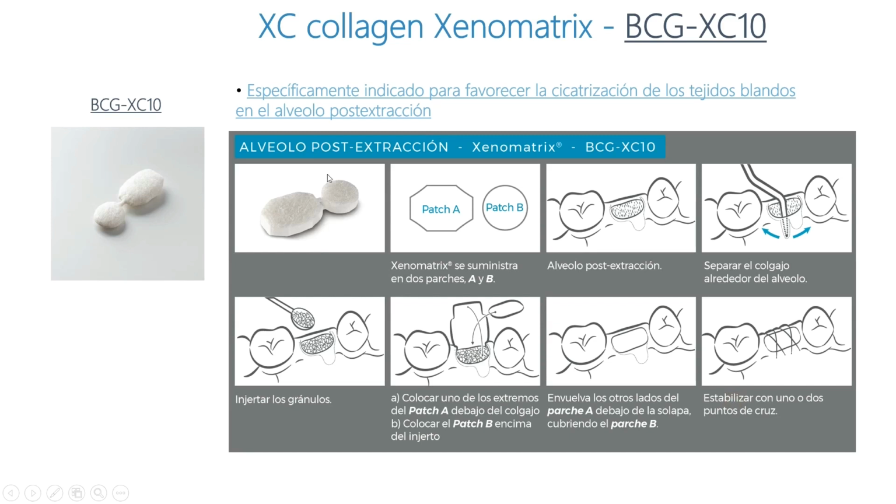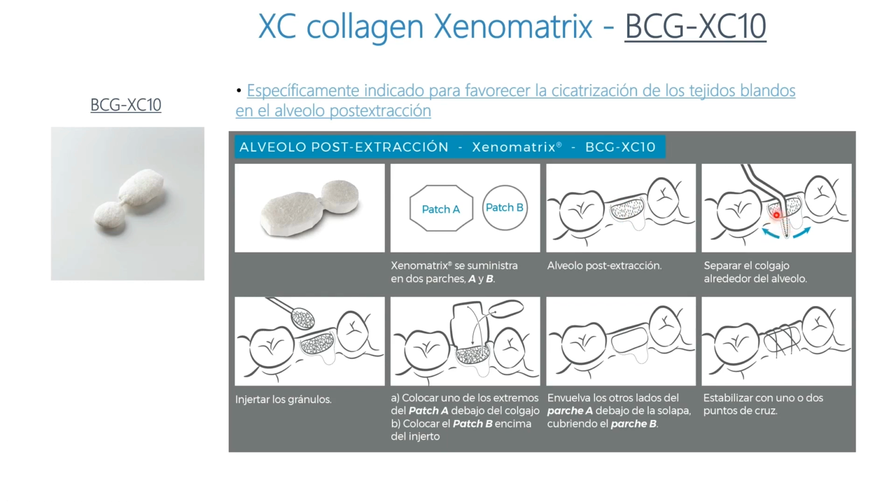So BCG-XC10, as we have seen, is indicated specifically to favor the healing of the soft tissues in the post-extractive socket. Here we have the scheme of its usage. As we can see, we have a patch A and a patch B. This is the post-extractive socket.